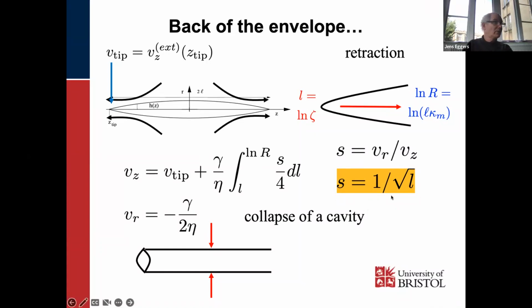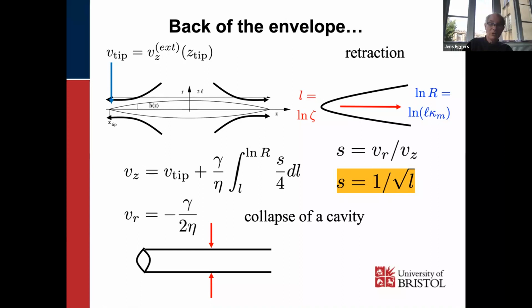And that's precisely what I'm trying to show you in the first slide. Namely, the slope varies very slowly on a logarithmic scale. And here it's actually shown that the way in which the slope varies is like 1 over the square root of the logarithmic distance from the tip. So the farther away I am from the tip, the smaller the slope becomes.